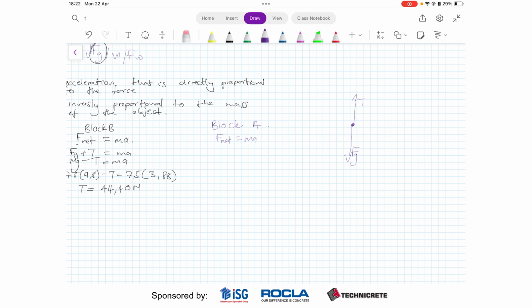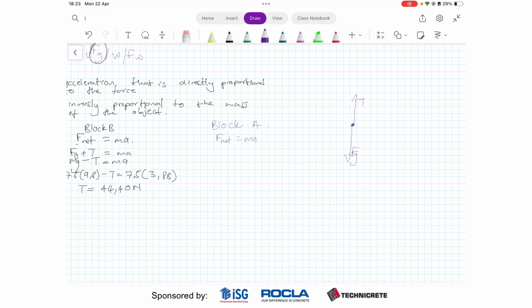So for block A, we have chosen downwards as positive, right? Since we've already chosen downwards as positive, let's follow the convention that we've been working with and continue in the same vein. Downwards is still positive.